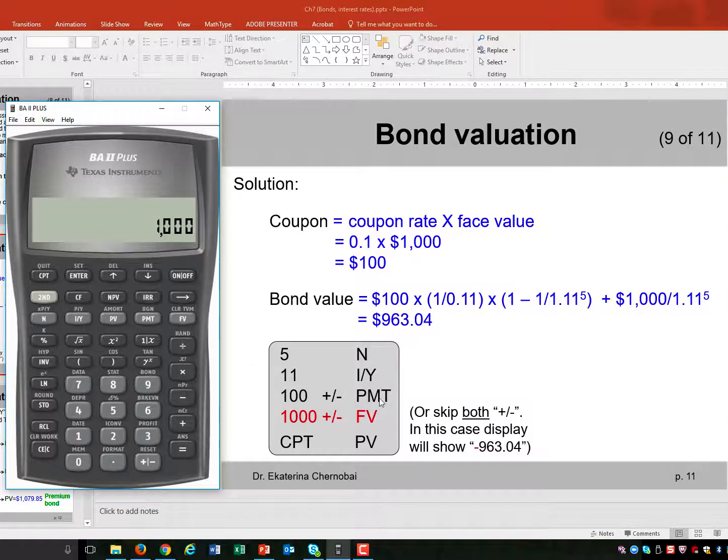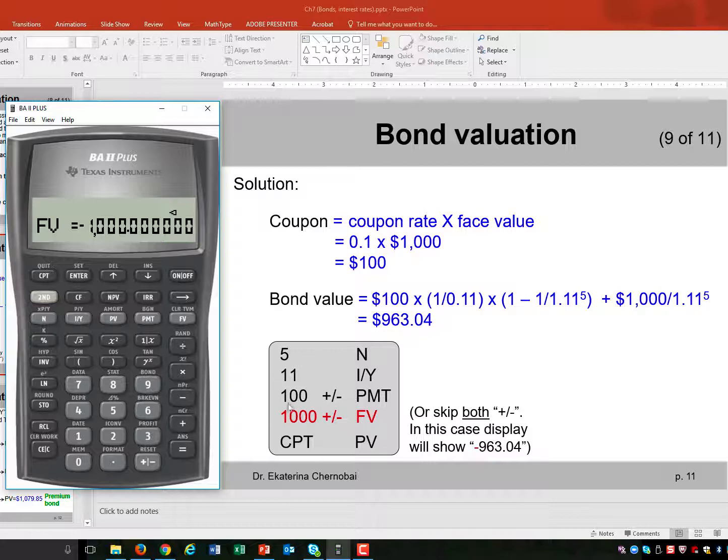So we made PMT negative. You're also going to make your future value negative. So you press the plus minus key and then you press FV. FV stands for future value, but here it's also the face value when you talk about bonds.